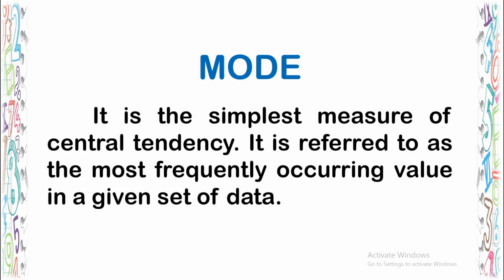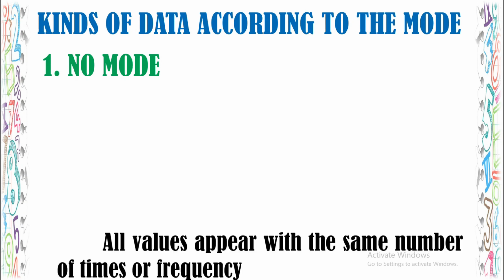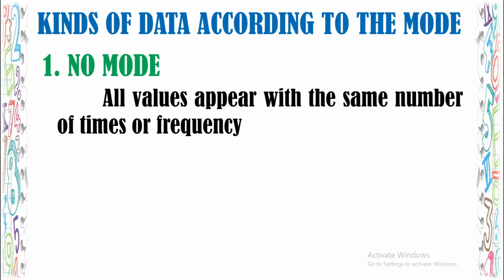But before we find the mode, let's first have the different kinds of data according to the mode. First, we have no mode. Take note, a data can have no mode, and that is when all values appear with the same number of times or frequency.